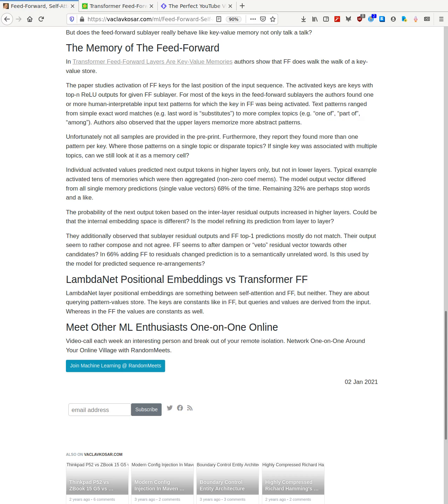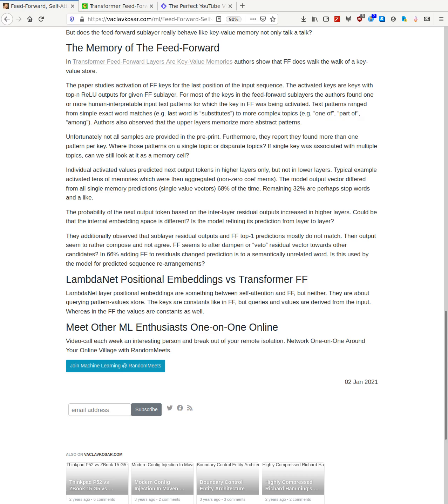Okay, so the difference between LambdaNet positional embeddings and the feed-forward layer is that the values depend on the input in the lambda network, whereas in self-attention, everything, query, key, and value, depends on the input.